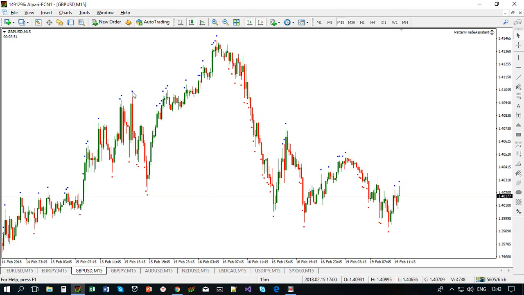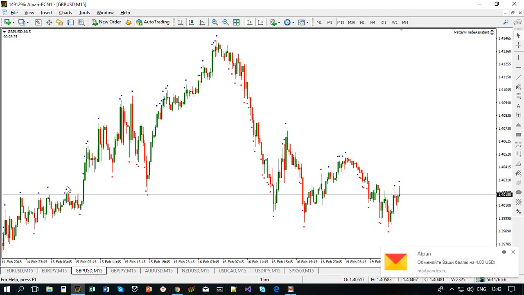Actually, these dots are showing the highest high within some period of time, for example the last 10 candles, and the red dot shows the lowest low within the last 10 candles. You can set the period to whatever, maybe 12 candles, maybe 100 candles, and it will show the highest high and lowest low within that period.